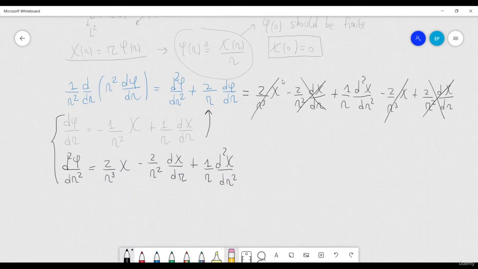So it will simplify quite a lot. So I will be left here with an equation like this.